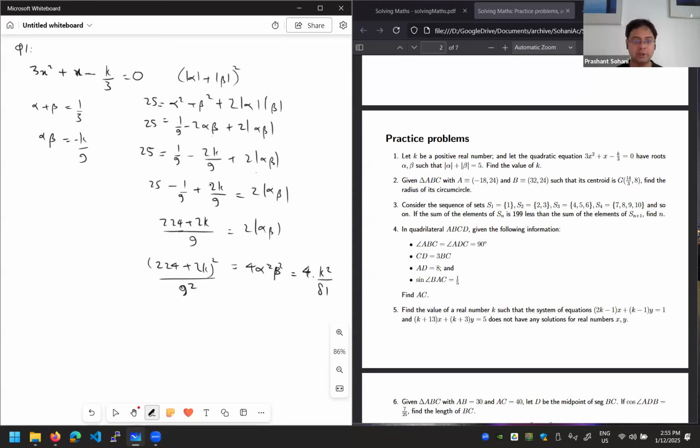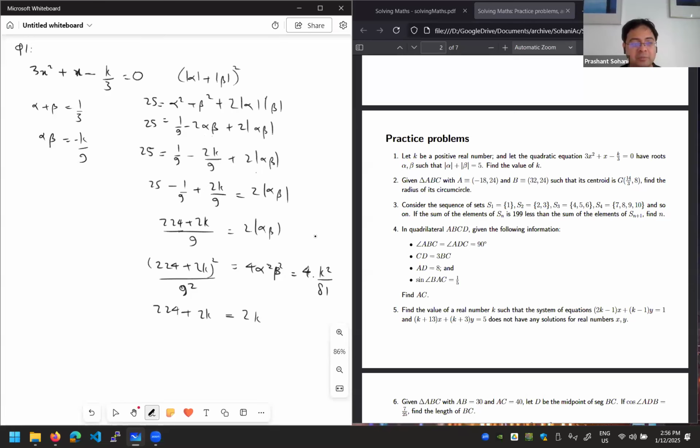Okay, and now if you see the denominator is equal, so the numerator is equal. And I can take the square root of both sides because again k is going to be positive. Right? Did I make some mistake? I'm getting 24 equal to 0.